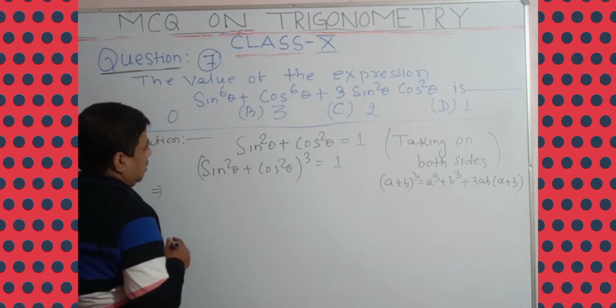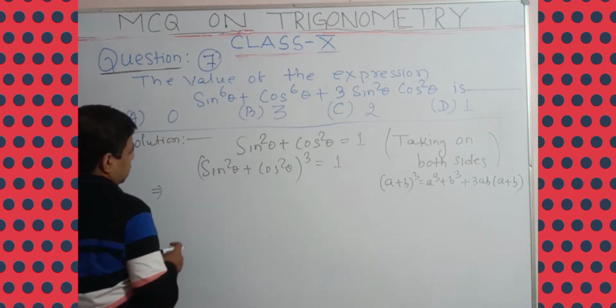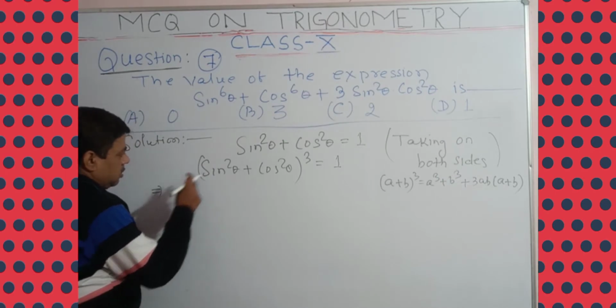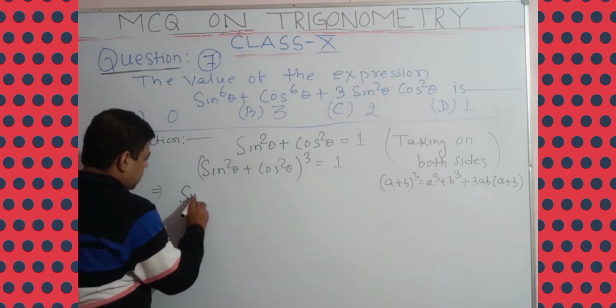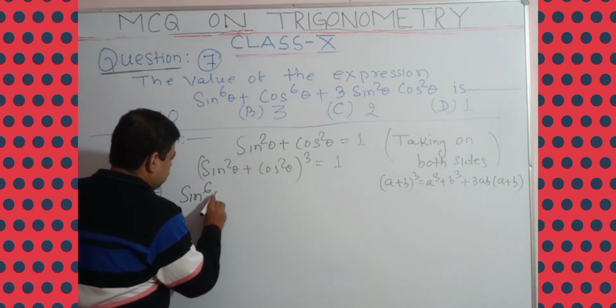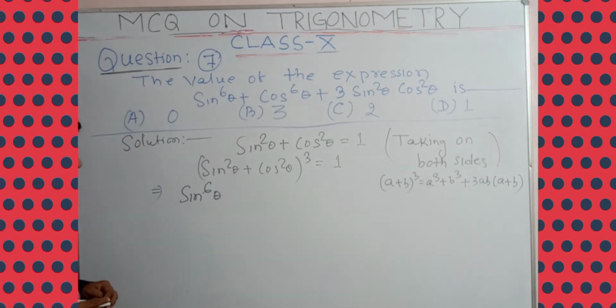So you see now sin square theta plus cos square theta whole cube will be: the first term is sin square theta, so a cube is sin square theta whole cube, which is sin to the power 6 theta.